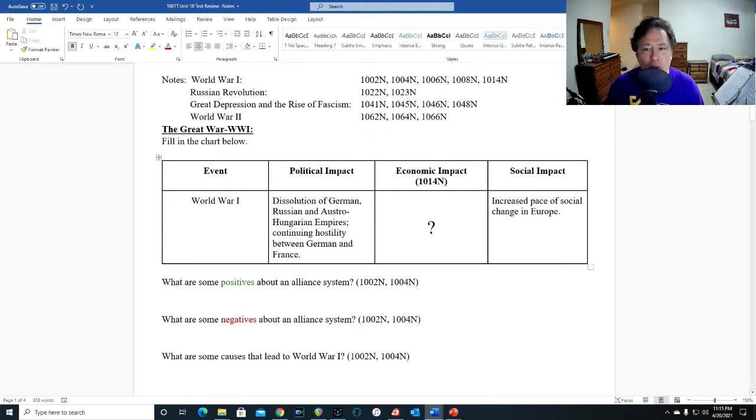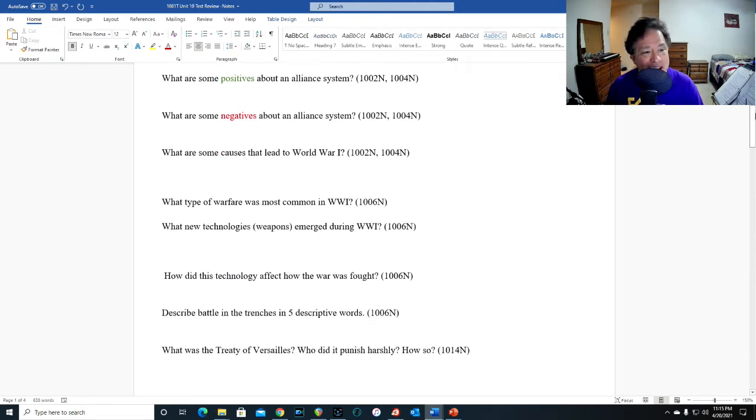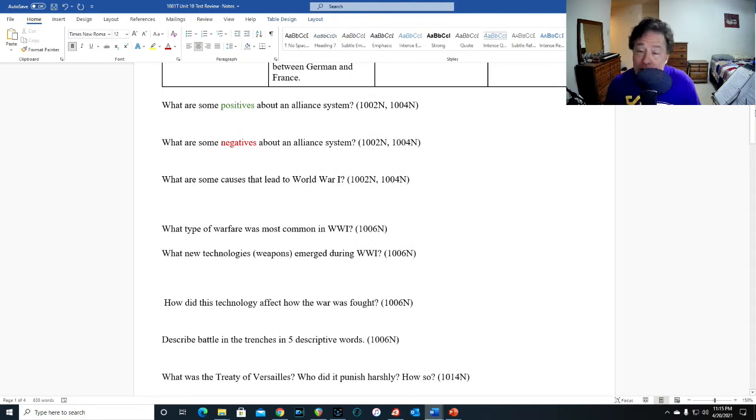So what are some positives of the alliance system? The alliance system is one of the underlying causes that we've identified for World War I in general. And we're going to define those later on. But one positive about the alliance system is that it can protect your country from being attacked.